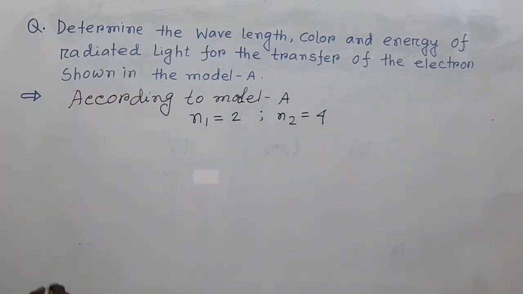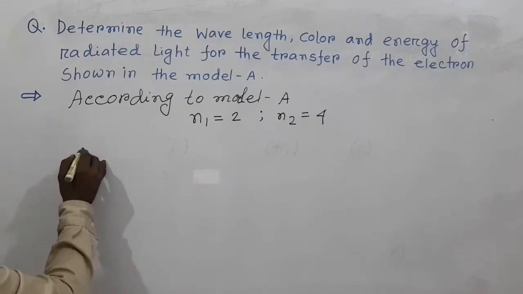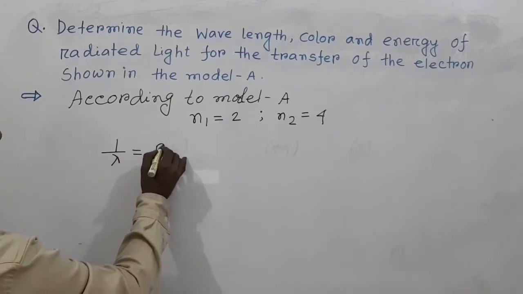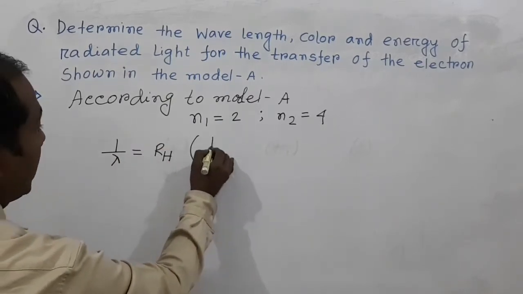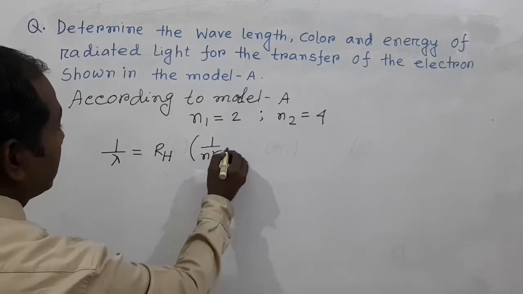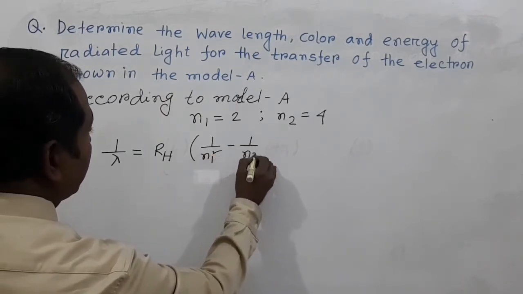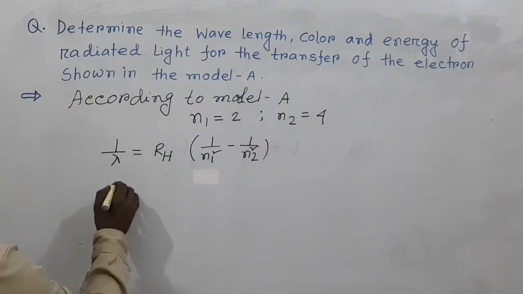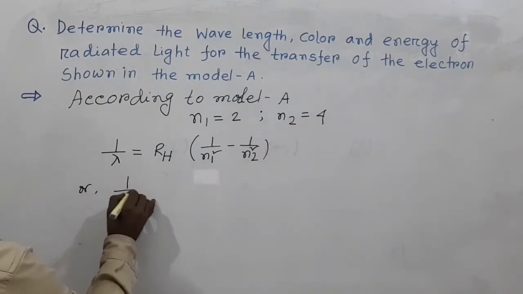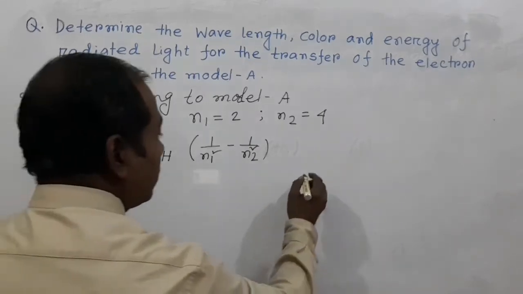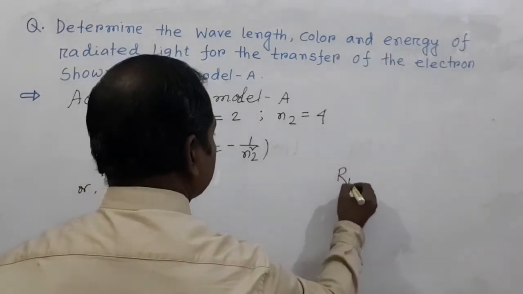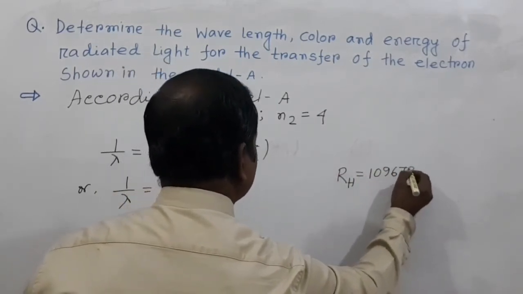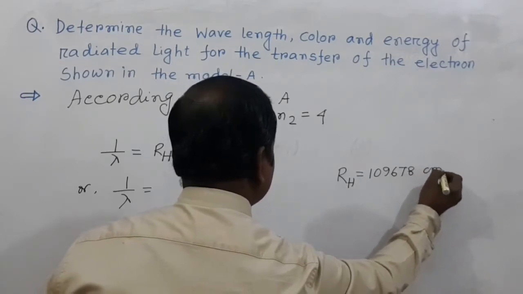My dear students, we know that for wavelength, 1 by lambda equals RH times 1 by n1 square minus 1 by n2 square, and the value of RH equals 109,678 centimeter inverse.